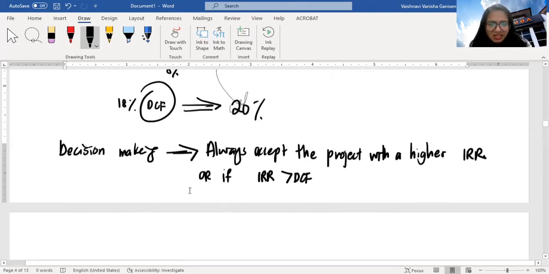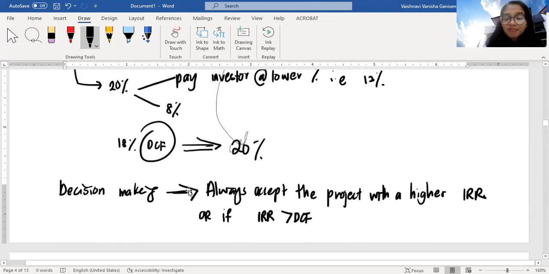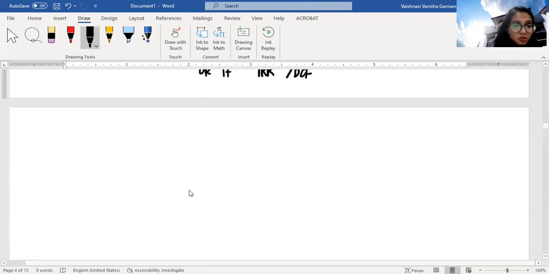So now I've been talking about IRR, but I haven't taught you how to calculate it yet. So what is the formula for your IRR?